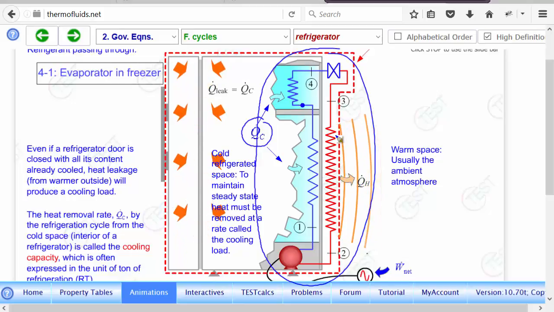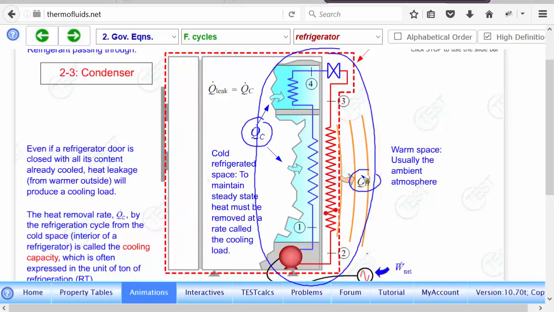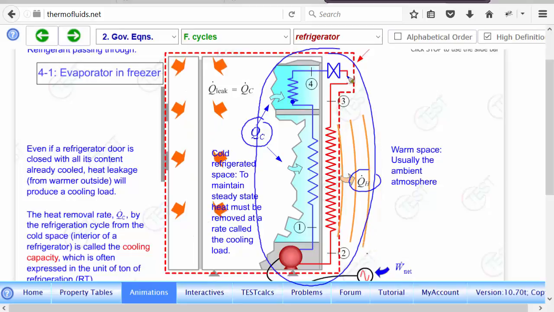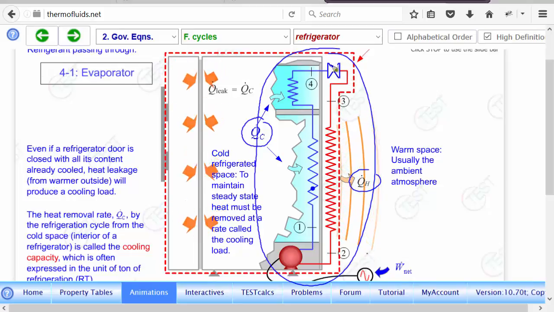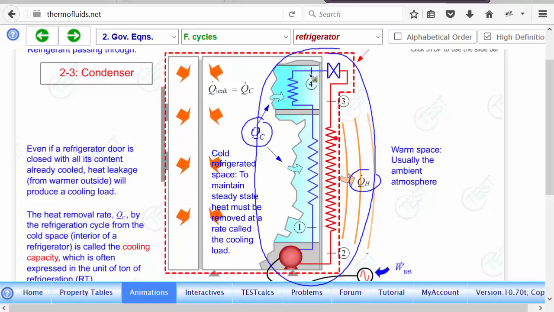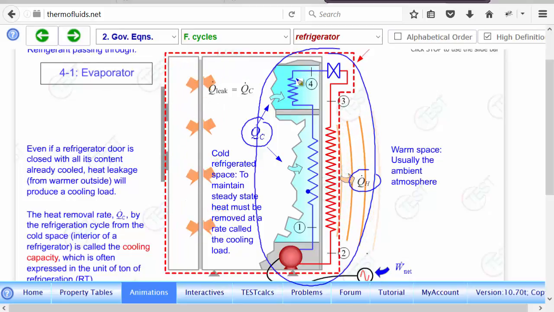It's so hot that it's cooling down in the atmosphere, rejecting Q.H. And as it cools to a liquid, that liquid goes to a device called an expansion valve, which is the magic device that makes the fluid cold. We will learn more about refrigeration in a future chapter.